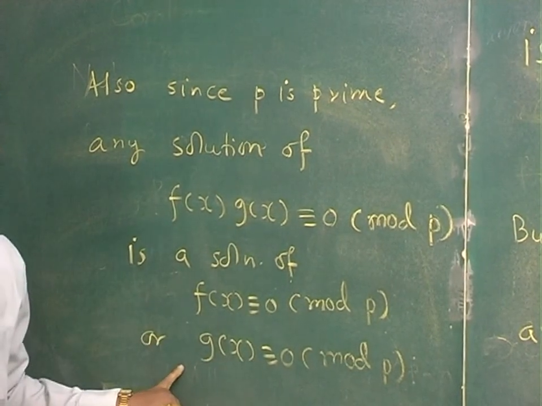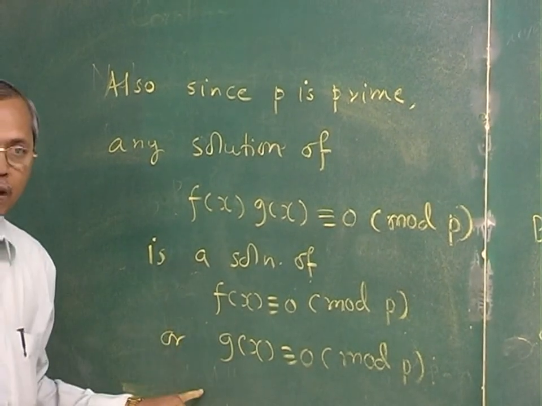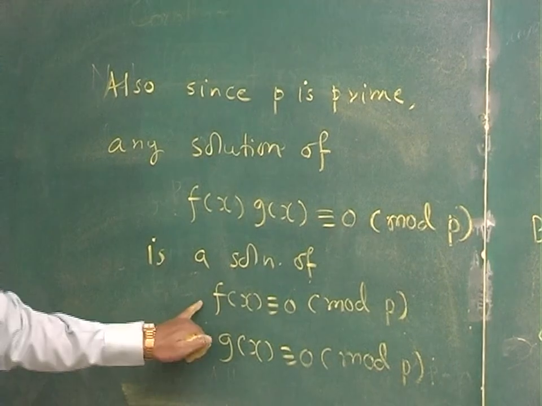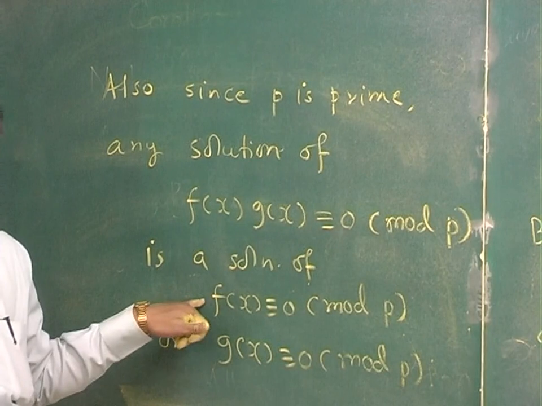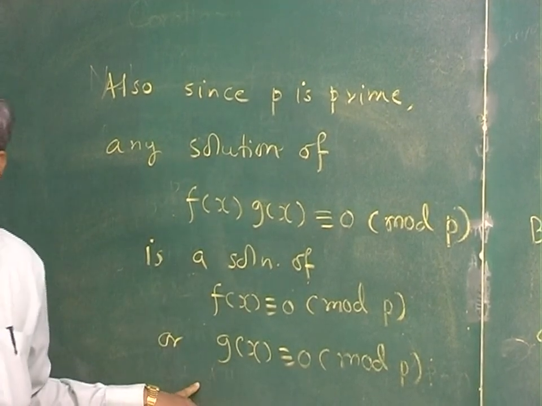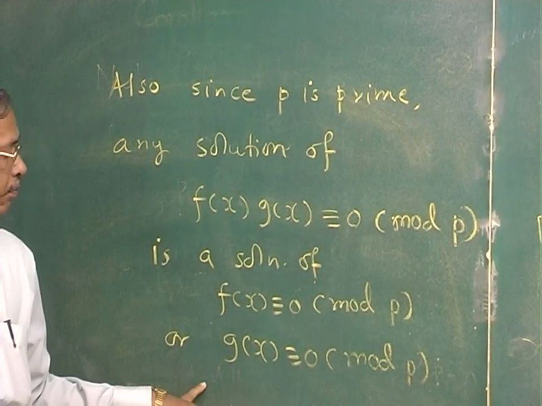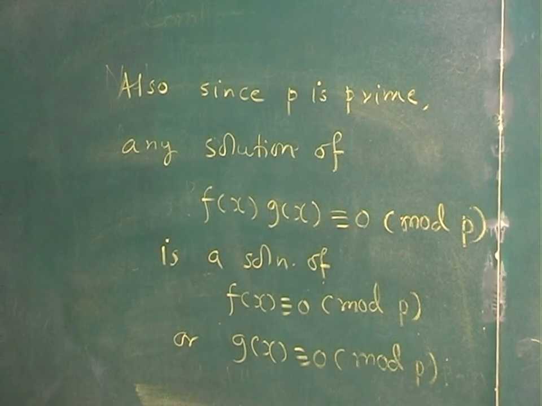This has at most p minus n solutions. Total solutions are p. So the number of solutions of this must be n, which is the degree of this, and this has to be p minus n. Solutions for g(x) congruent to 0 mod p must be p minus n, otherwise you will get a smaller number of solutions.